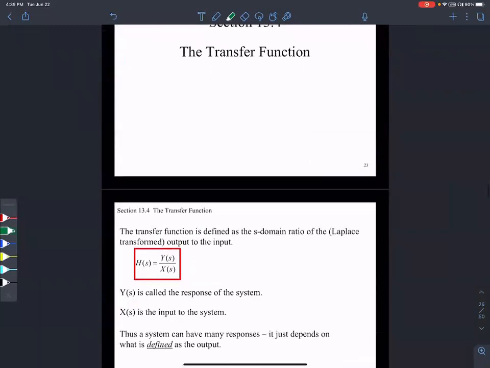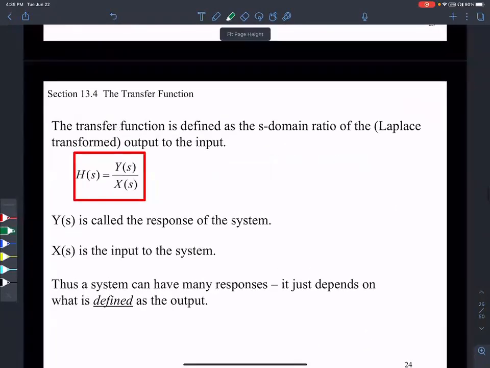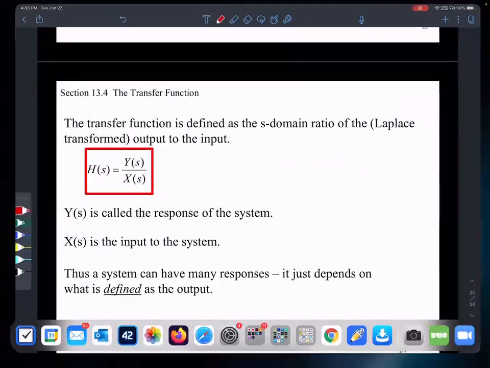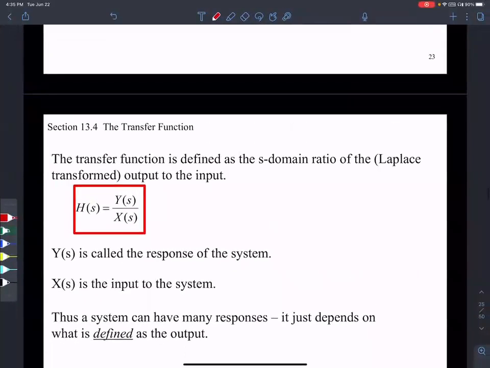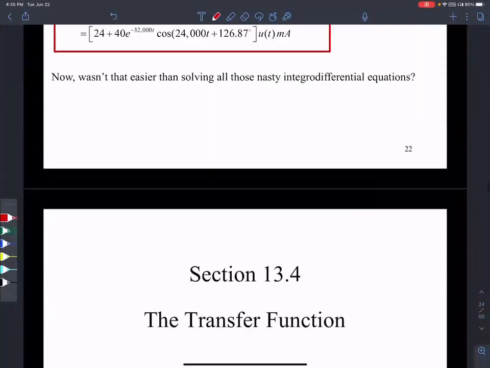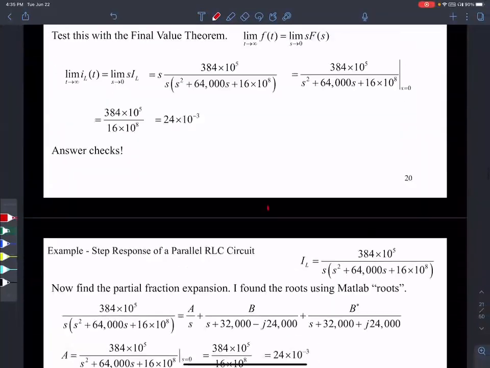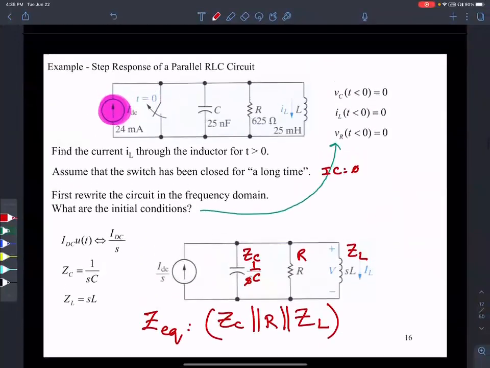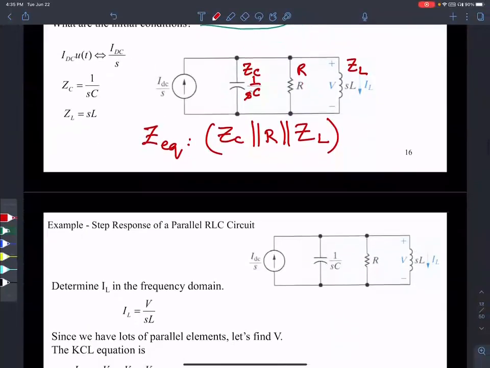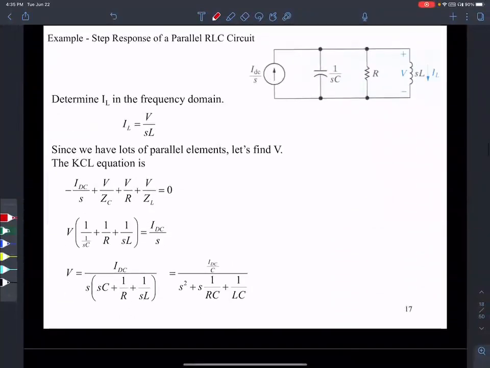Now, the transfer function is about applying circuit analysis techniques, R, L, and C, in the S domain.